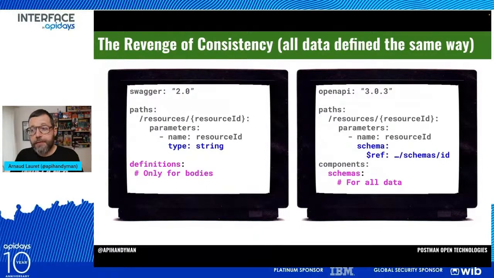One thing that OpenAPI 3 brought is a modification that allows better consistency across all you describe in an OpenAPI document. Because now in OpenAPI 3, all pieces of data are defined in the same way. In Swagger 2, there were two ways of defining data.